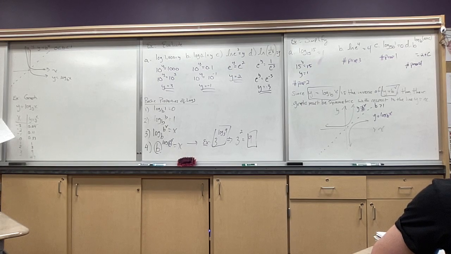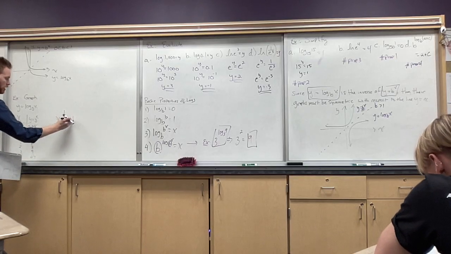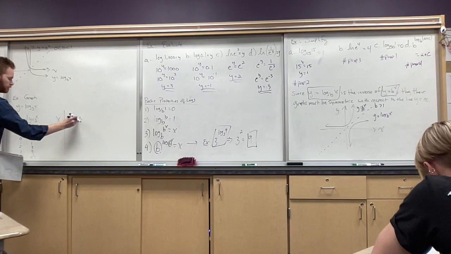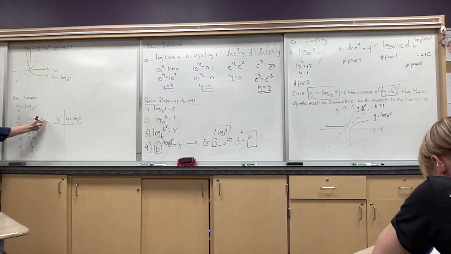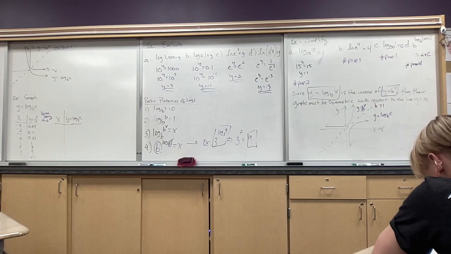Now, how do I obtain the log form of this? Well, because they're inverses, we just gotta switch the x and y's, right? Okay, so here's my new xy table. This one will have the log stuff. Okay, and I'll put a little note here. So you're gonna switch the x with the y, okay? Because again, that's what inverses do.